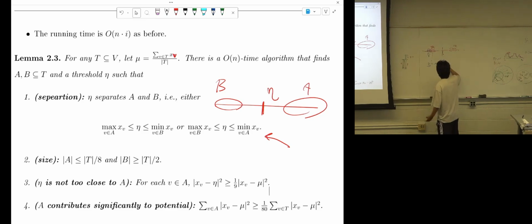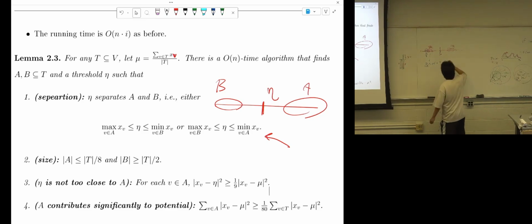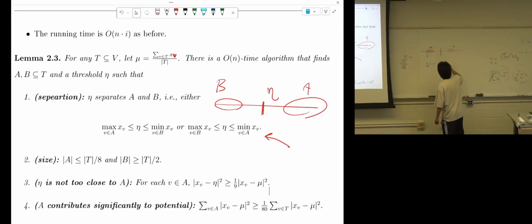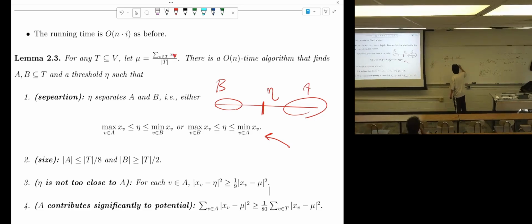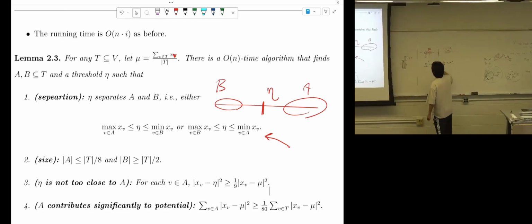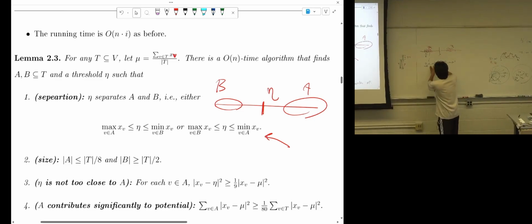Let's call P the sum of this thing. P is just the whole potential. Right now you have that this is just P over 2.